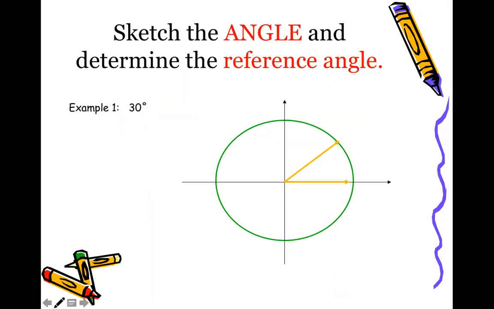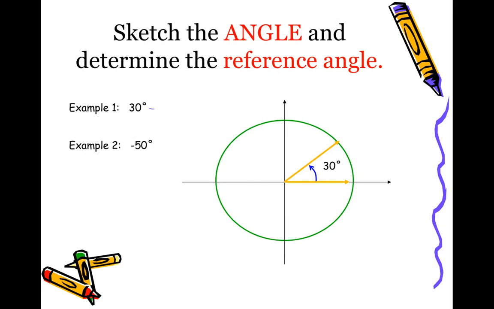Let's do some examples. Sketch the angle and determine the reference angle. So 30 degrees. Here's the 30 degrees. Right? The reference angle is just going to be 30 degrees. What about negative 50?